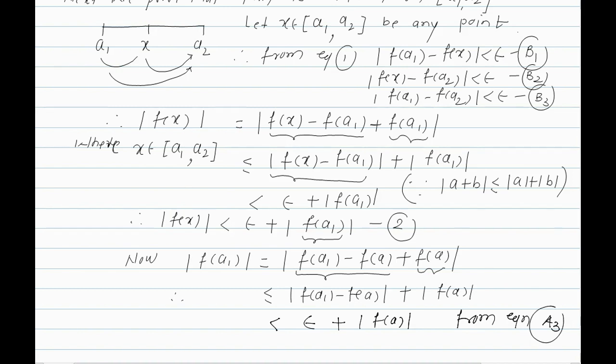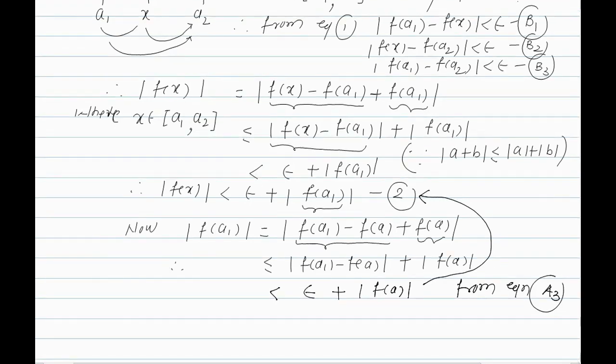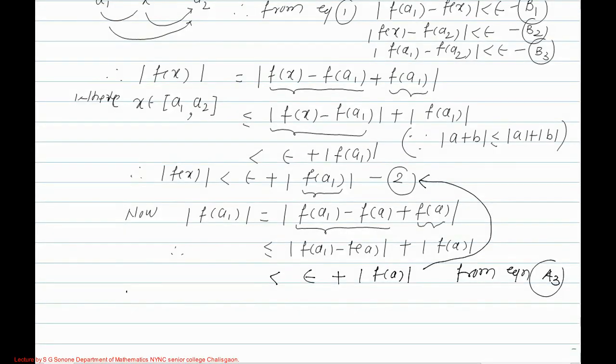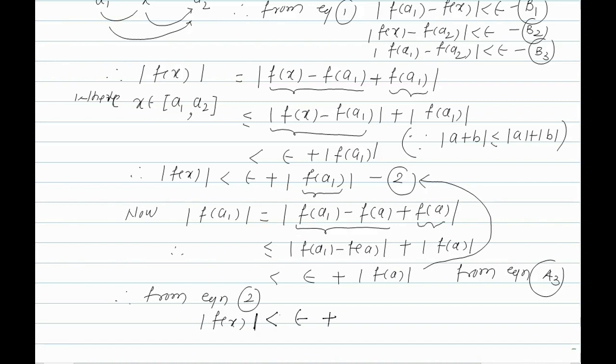Now put this value in equation 2. We get, therefore from equation 2, mod of f of x is less than epsilon plus mod of f of a1, and mod of f of a1 is less than epsilon plus mod of f of a.